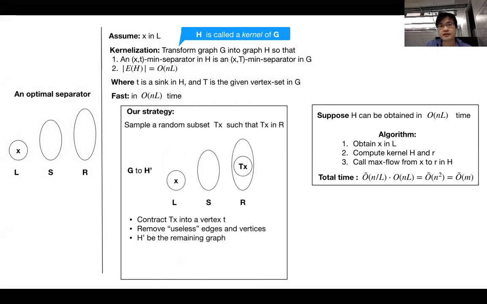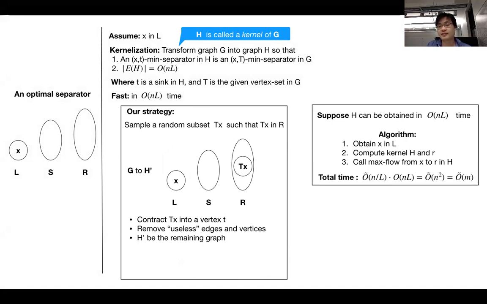Instead of contracting R, which we don't know, we just sample a random subset Tx such that Tx is in R. We want Tx to be in R with constant probability. And then we contract Tx into a single vertex T.